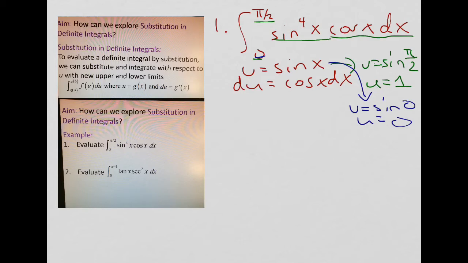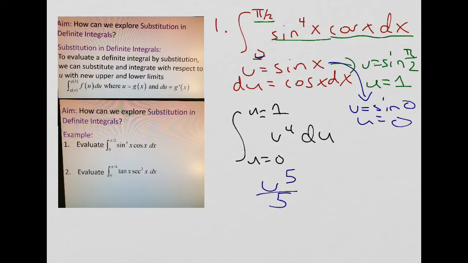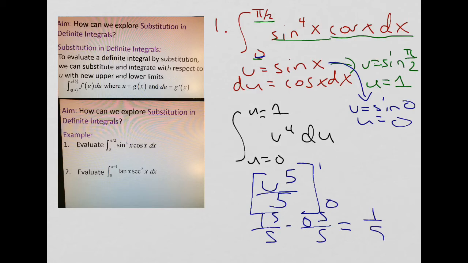So we're going to rewrite our integral not only with u to the 4th du, but also replacing the lower limit with u equals 0 and the upper limit with u equals 1. That way, when we do u to the 5th over 5, we can automatically start plugging in 1 and 0 and get our answer of 1/5. And there's no other substitution with the x values, you're done.